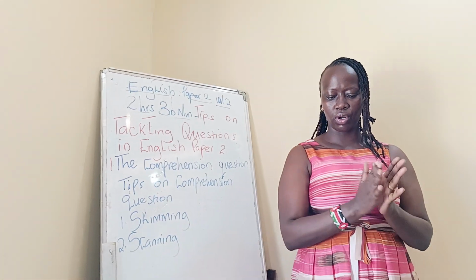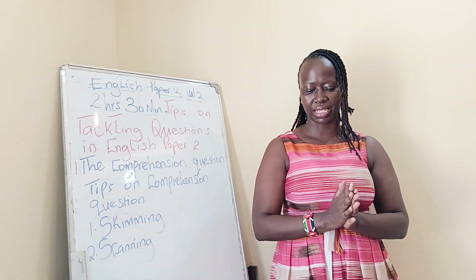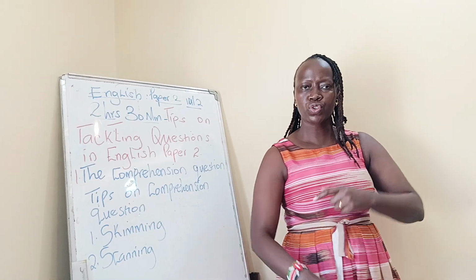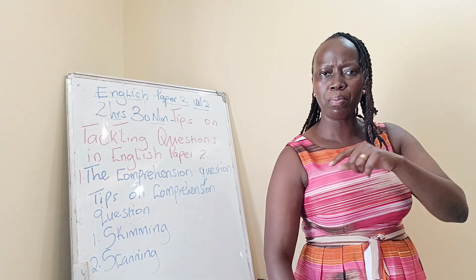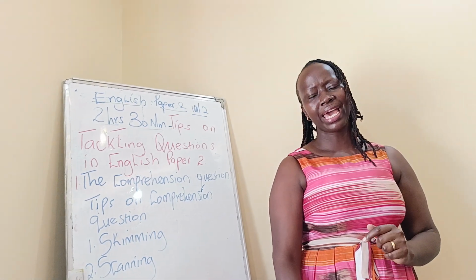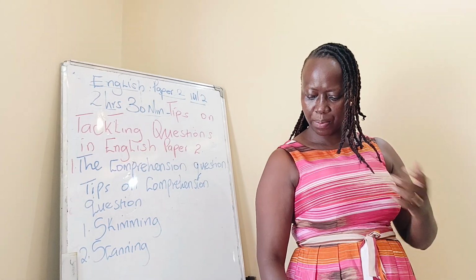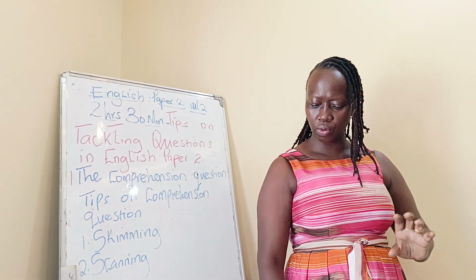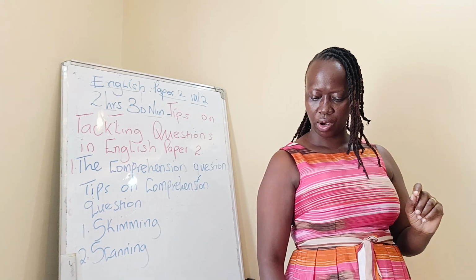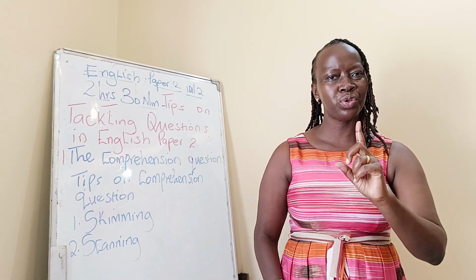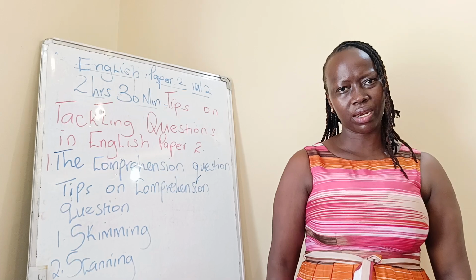Explain the meaning of the following words as used in the passage. Despicable. Go back to the passage and discover how it has been used. Did you notice that it was used in paragraph 1?